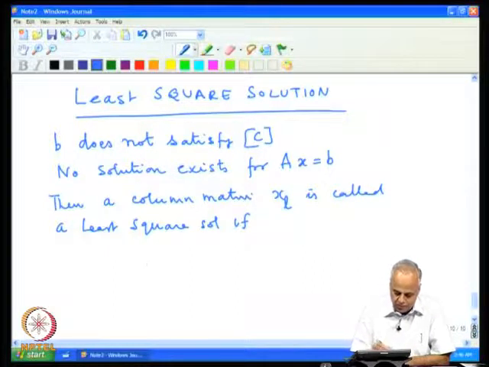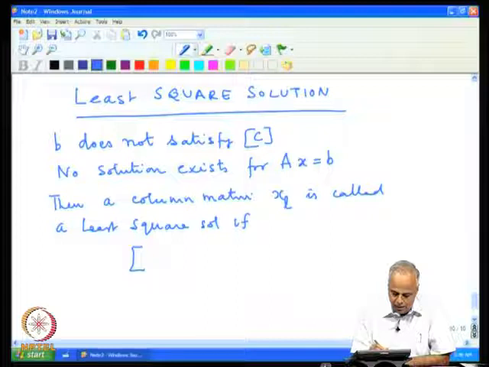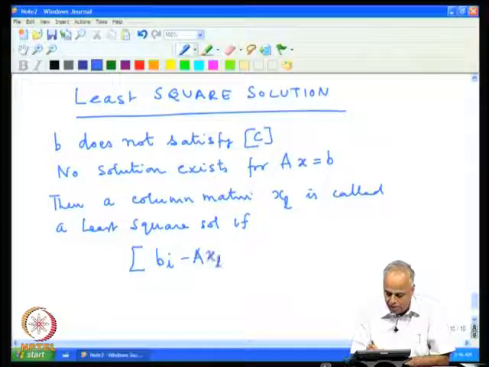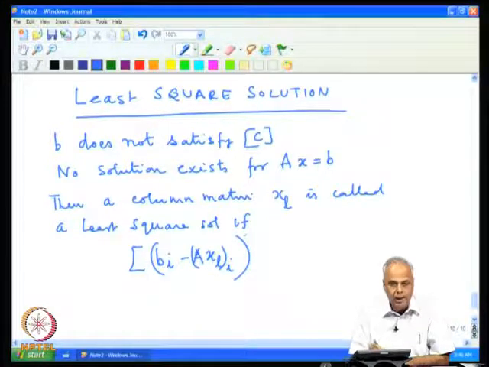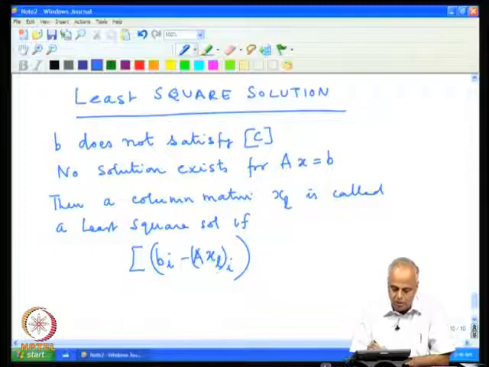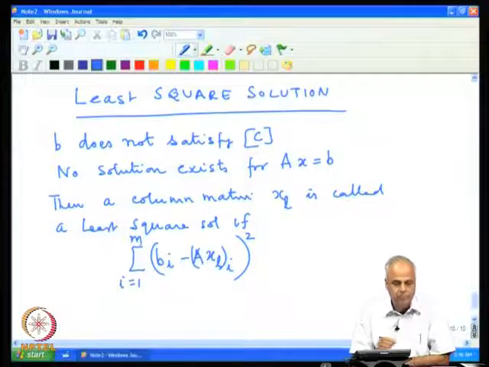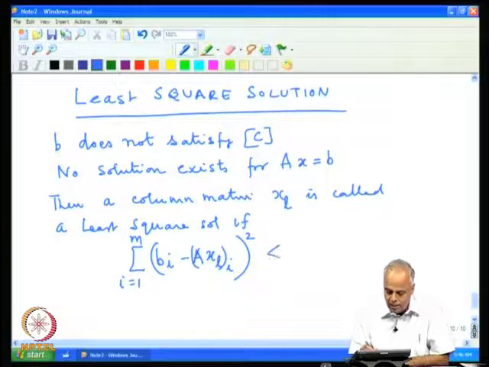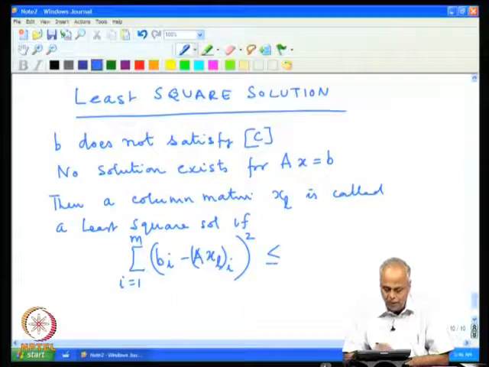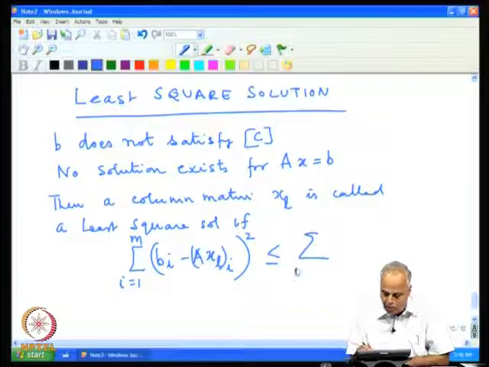What does it mean? If you look at the error obtained by taking this X, calculate the error in each entry of the error matrix, square it and add all of them, that error should be the least among all possible errors.